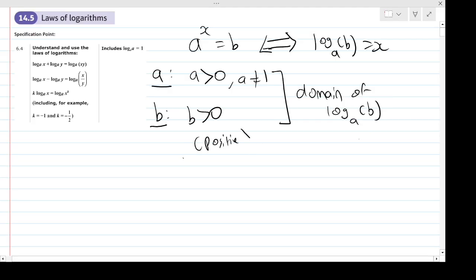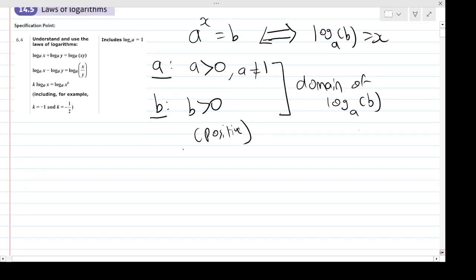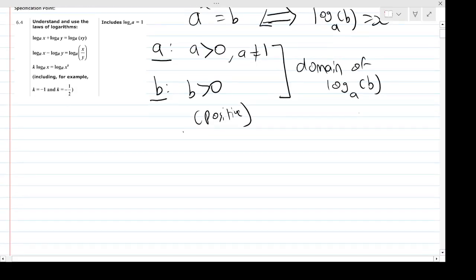Let's have a look now at log laws. Even at GCSE, but at the start of the course, in the first chapter, we saw exponential laws, power laws. If you remember, we had A to the power m, and then we multiply it by the same base A with a different power n, and remember we can add the powers.